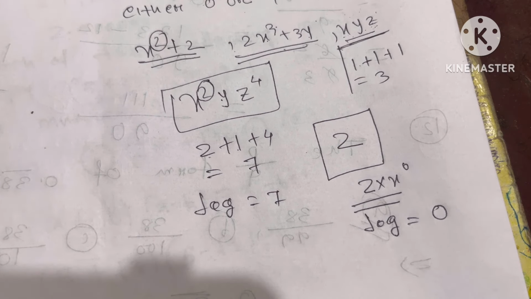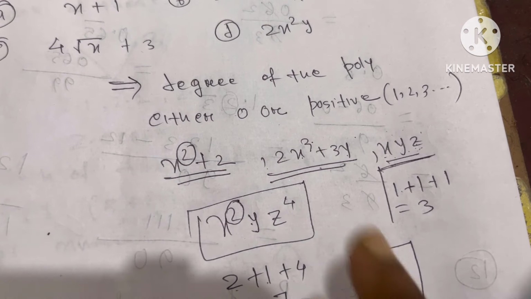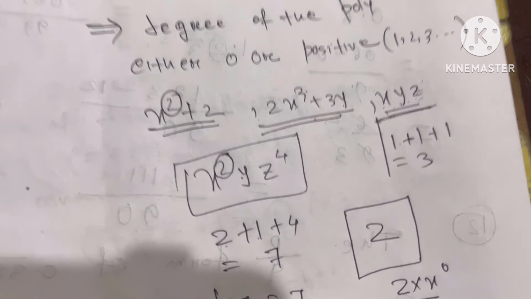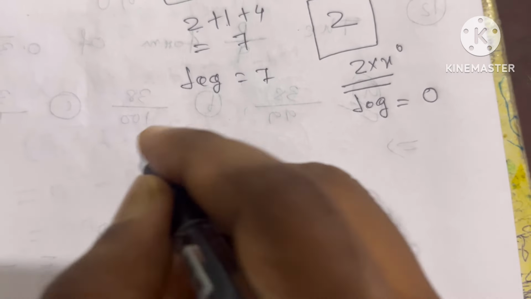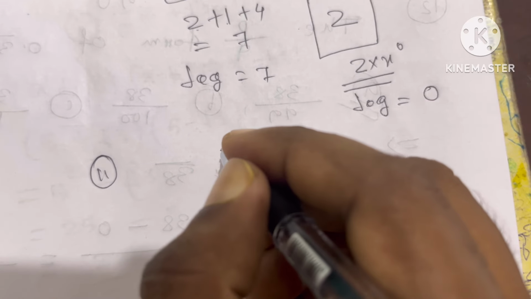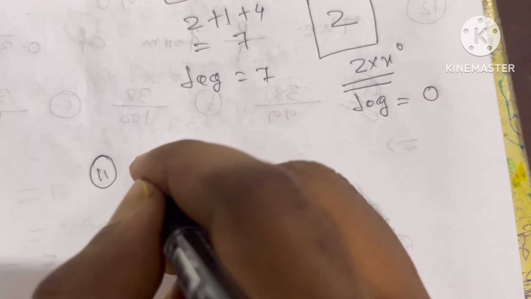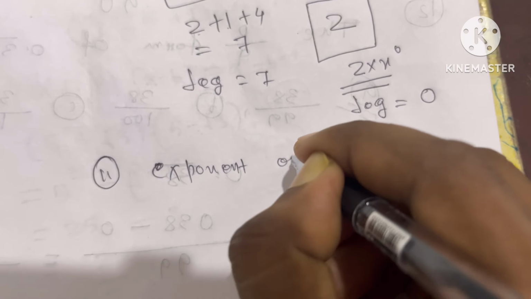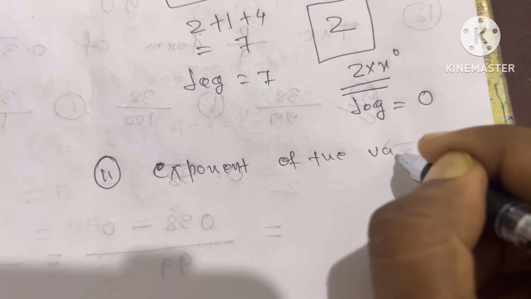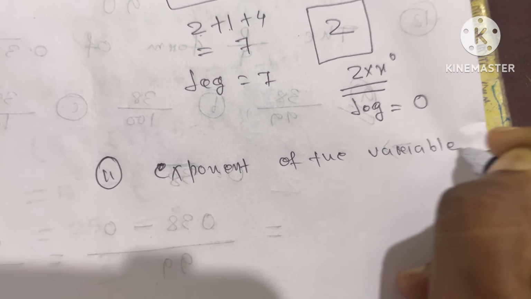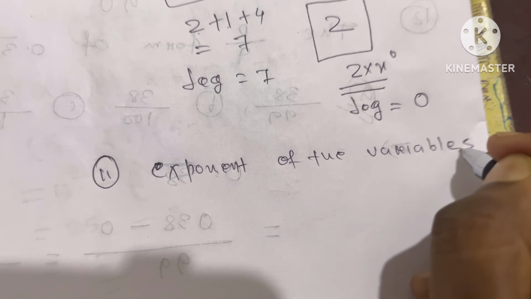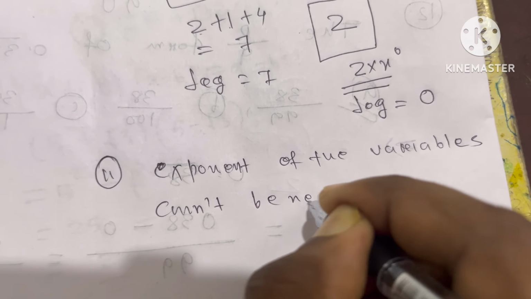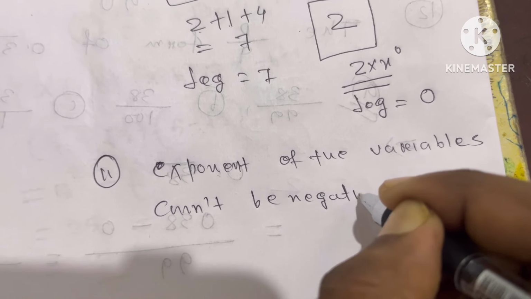Okay. So the first characteristic is that the degree of the polynomial is either 0 or positive. And the second one is that the exponent of the variable cannot be negative.